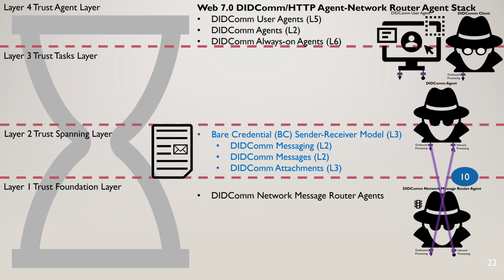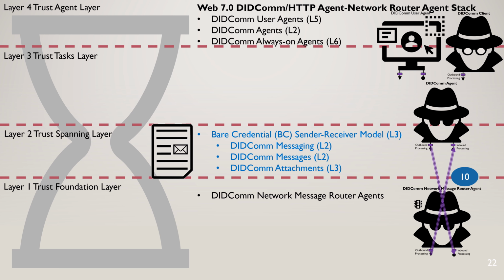This is an agent talking to a DIDComm network message router agent. At the bottom with the little traffic light there, that's the DIDComm network message router agent. That's how we define it using DIDComm notation.